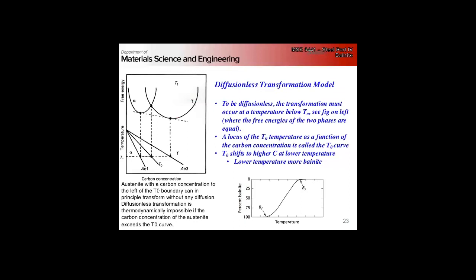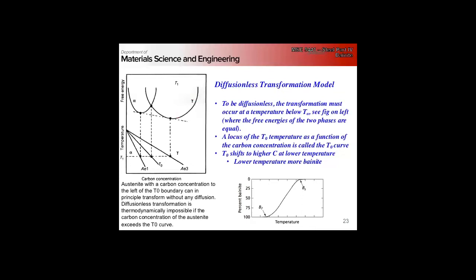So every plate we nucleate, we're building up more and more carbon in our austenite. We're increasing the local carbon concentration above the bulk carbon concentration by a given amount each lath. And eventually that local carbon concentration is going to hit that T0 value. And at that point, nucleation of the bainite sublaths is going to stop, if the nucleation mechanism is completely diffusionless.